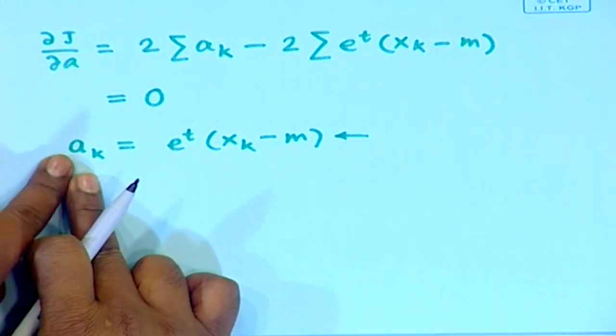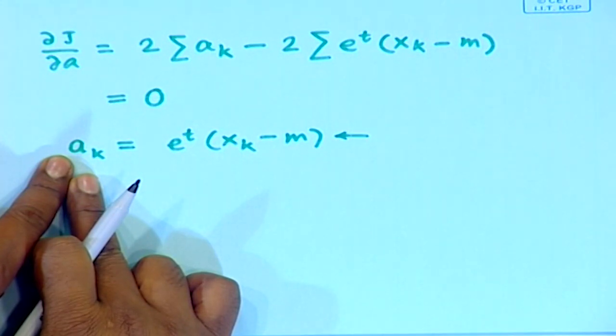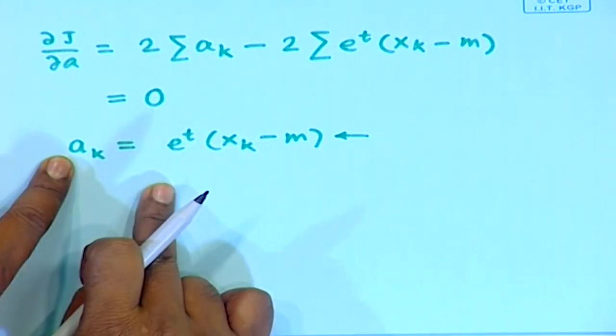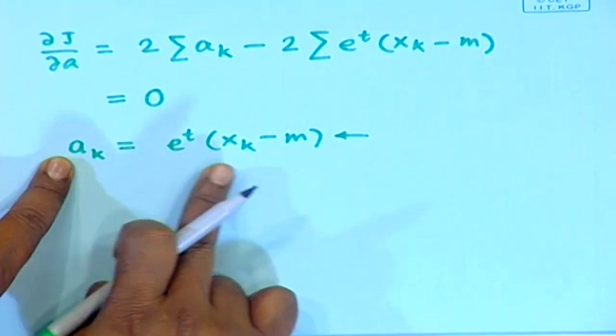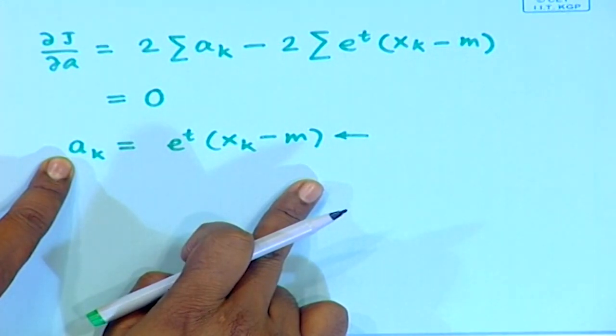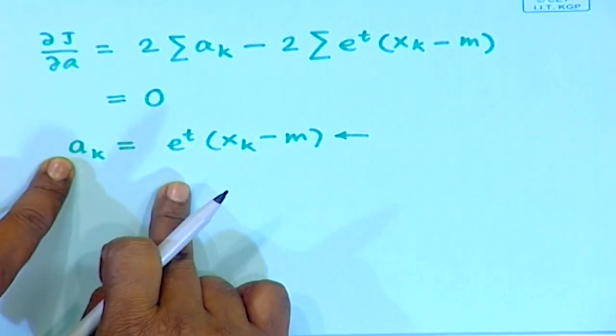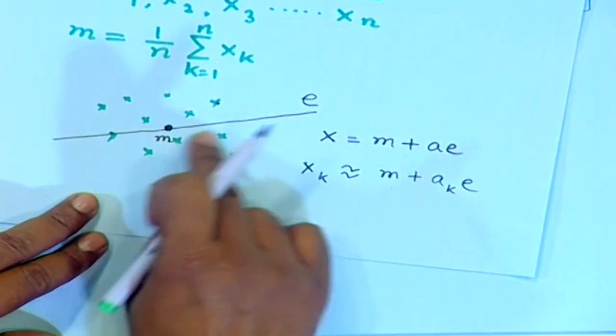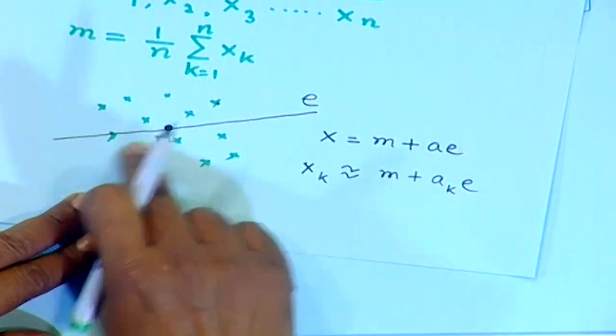So, this simply says that a_k is nothing but the orthogonal projection of x_k onto a line in the direction of E passing through the mean point m, right. So, when I have these sets of points, this a_k represents these projected points onto this line.